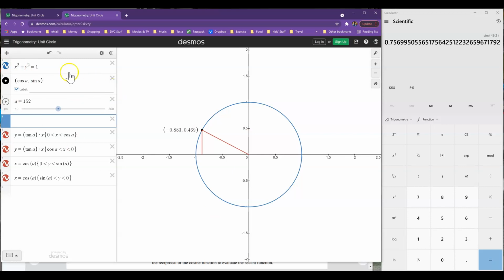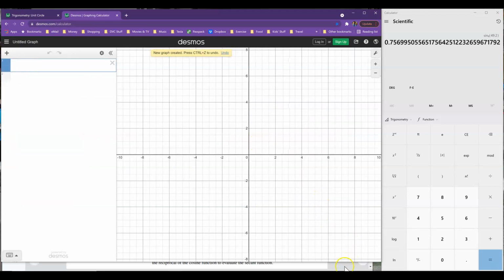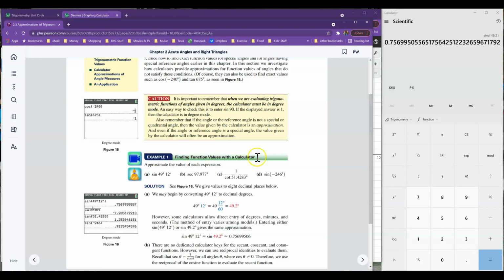Now, having said all that, let's say I'm going to go back to a new blank graph. So I just have the calculator there, and let's take a look in the book a little bit further. So we've looked at how you can enter angular measurements for trig functions into Windows calculator, Desmos calculator.